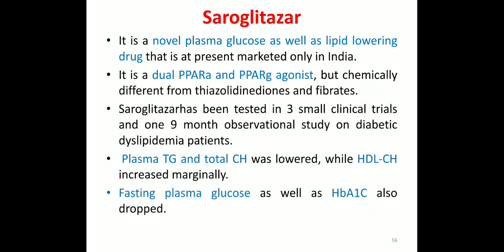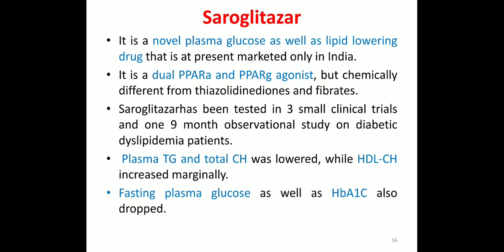Fibrate is now completed. Now a newer drug, saroglitazar, which is a novel plasma glucose as well as lipid lowering drug. It is a dual PPAR alpha and PPAR gamma agonist, but chemically different from the thiazolidinediones, which are anti-diabetic drugs, and fibrates, which are anti-lipidemic drugs.